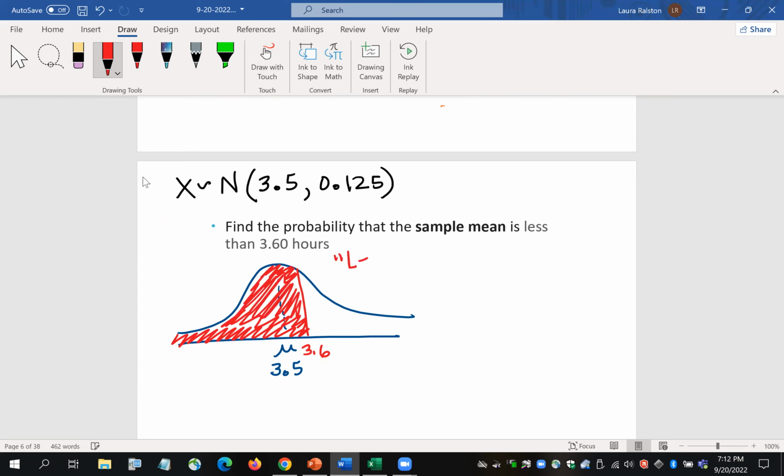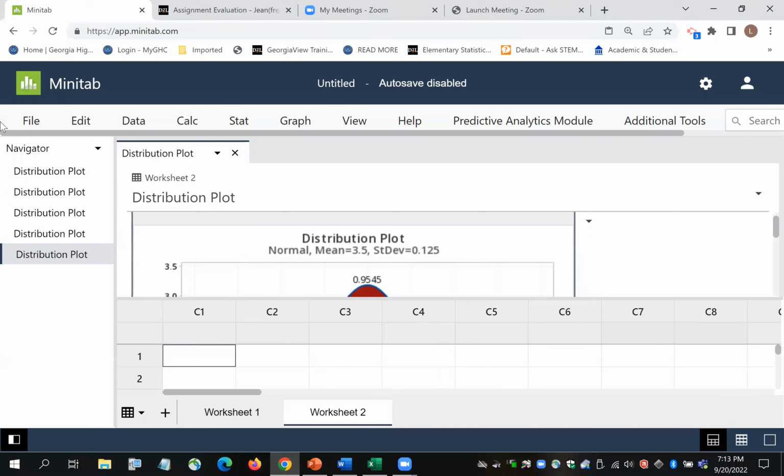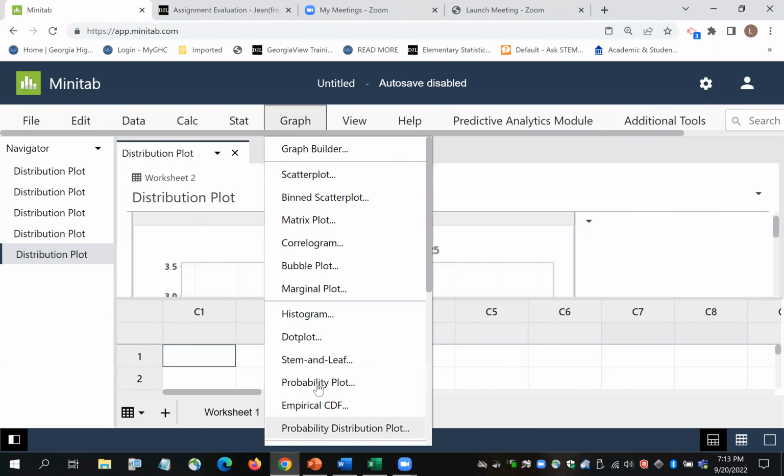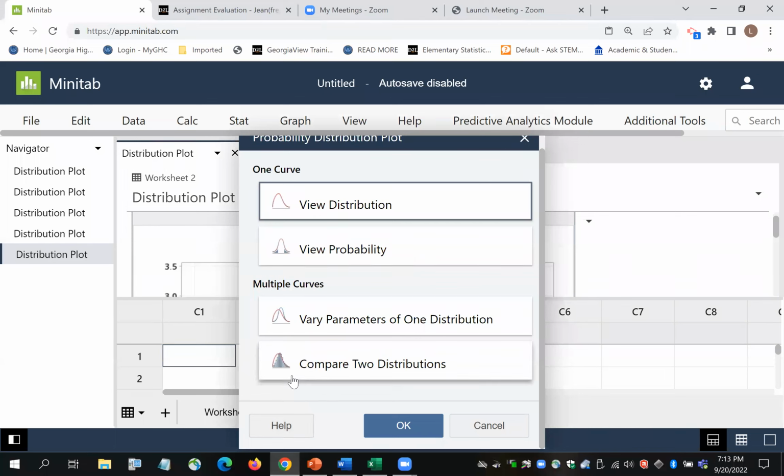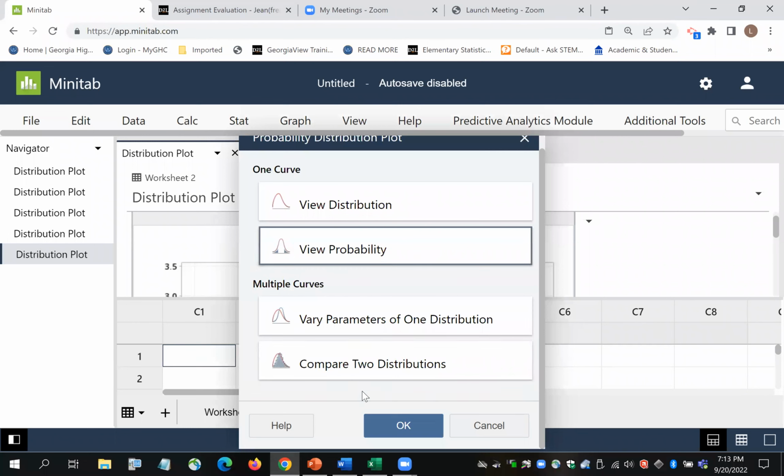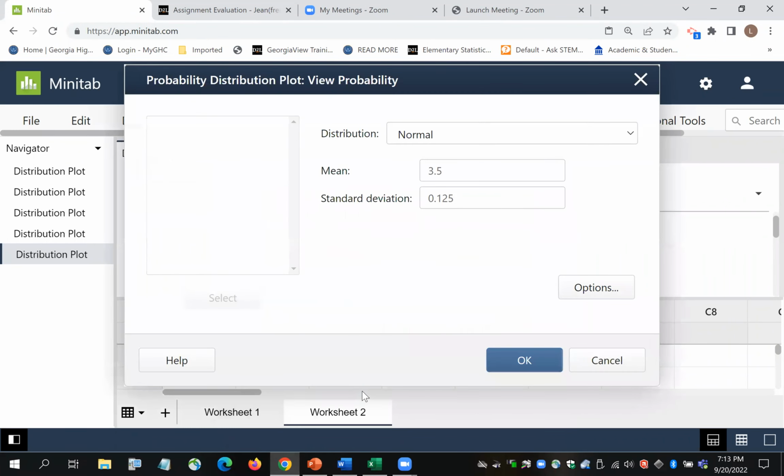Okay, less than. Values that are less are always to the left. So less than is a left tail. So I'm going out to Minitab. Graph. Probability distribution plot. View probability. Okay.